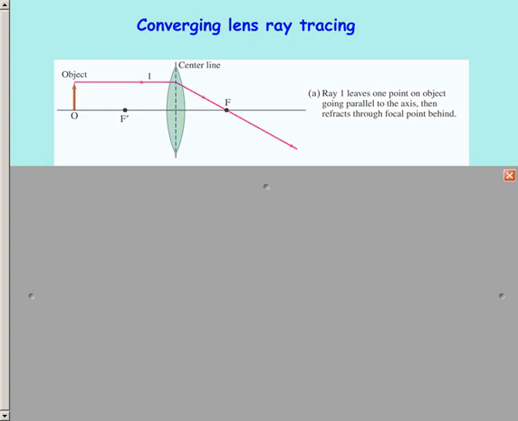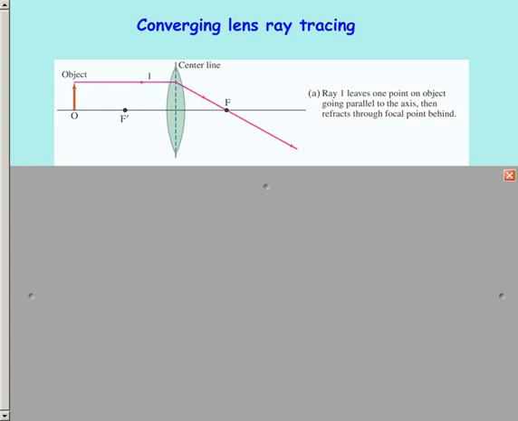First ray. If you need to pause me, go ahead and do that, but I'm just going to keep on going. So the first ray goes in. Now notice what happens. Draw a dotted line down the center of the lens. The trick to doing these is we ignore what happens at the front and the back side of the lens, and we pretend all the bending happens right at the center line.